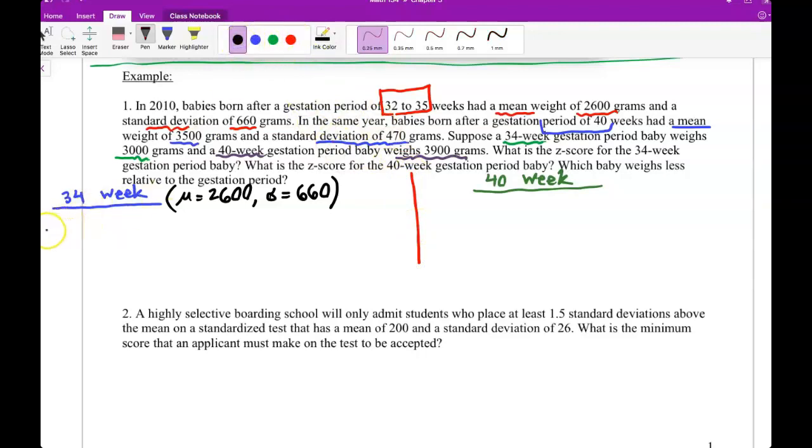Now finding the z-score. z is equal to x minus the mean divided by the standard deviation.